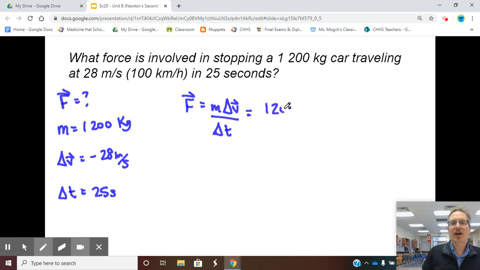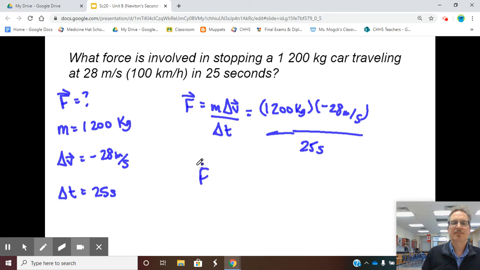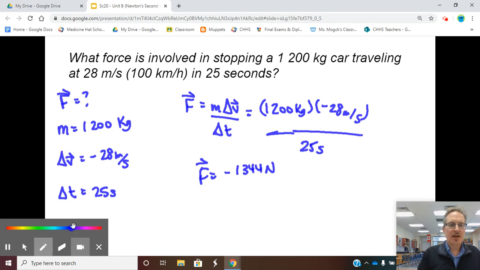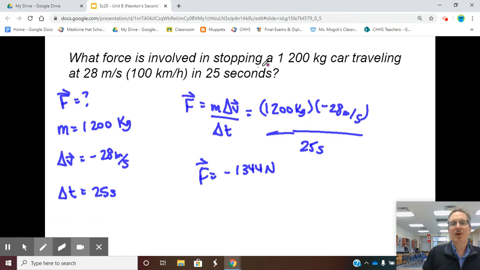So we have a 1,200 kilogram car times negative 28 meters per second divided by 25 seconds. My answer is negative 1,344 newtons.